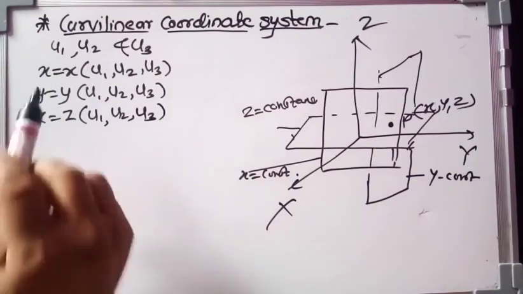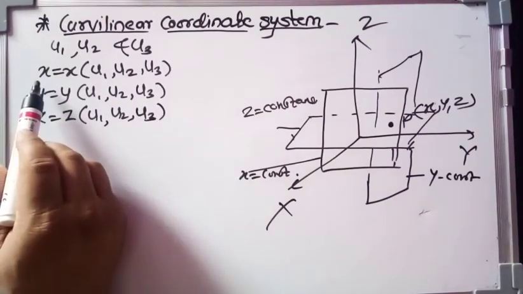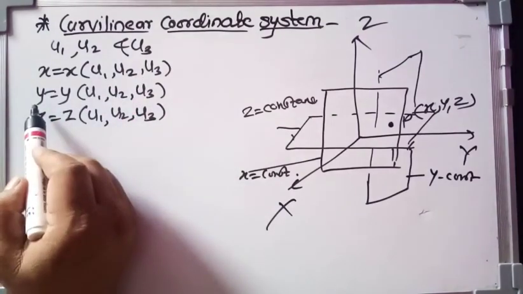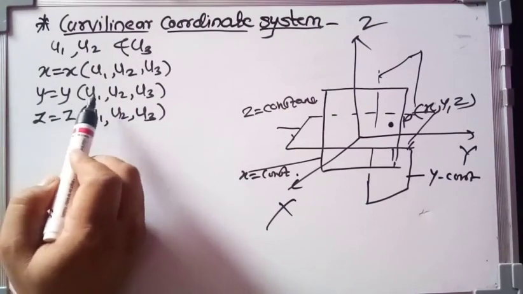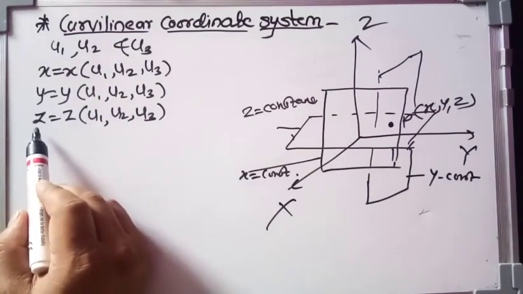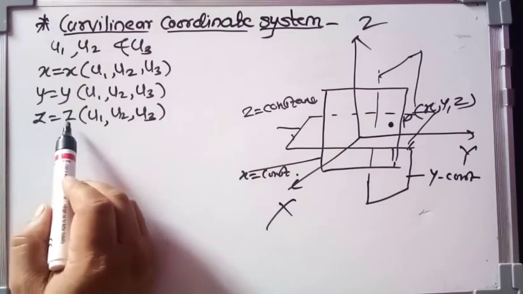That is, we can obtain a relation for x in terms of u1, u2, u3. Similarly, you can obtain a relation of y in terms of u1, u2, u3, and a relation of z in terms of u1, u2, u3.